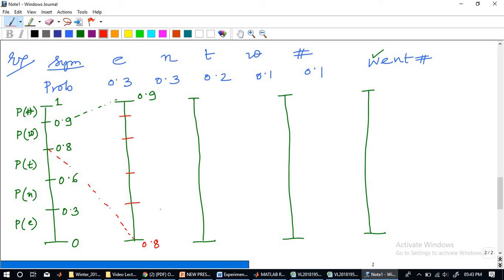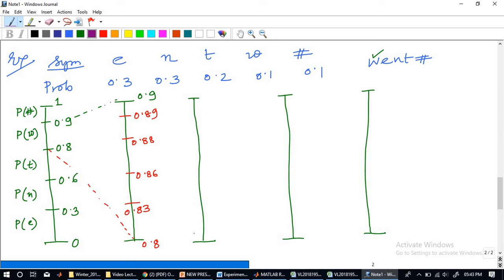Is there anyone ready with these values? Starting from the bottom. Let me see. 0.83, 0.86, 0.88, correct? 0.89, correct? So this is my first division. Since you are getting these values, your internal calculations are also correct. So you have understood the concept.